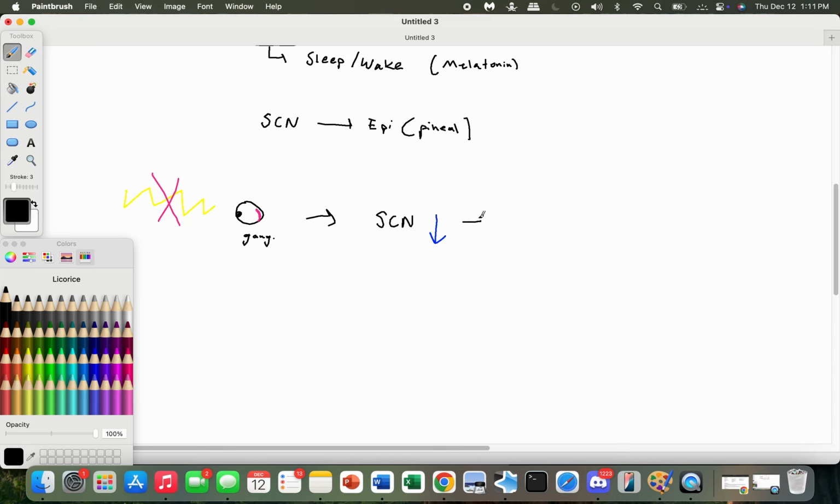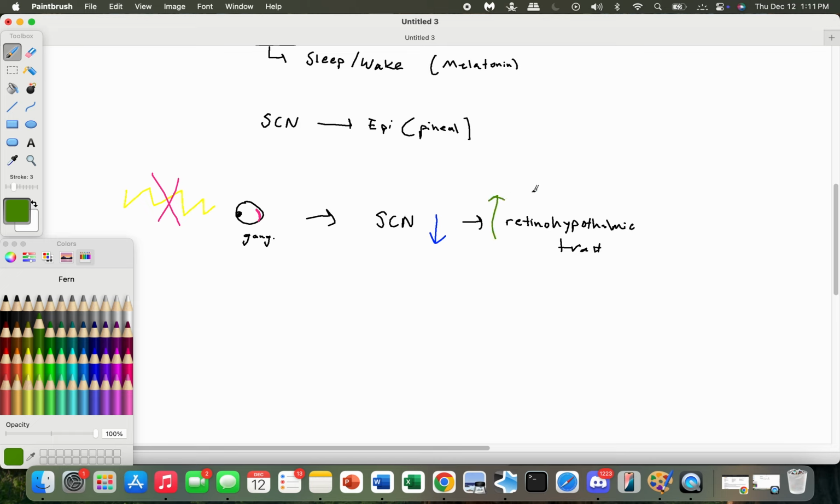This causes the disinhibition of the retinohypothalamic tract. You definitely, again, do not need to know this level of detail, but sometimes it's good to know. Okay, so if you have the disinhibition, that means that's an activation.